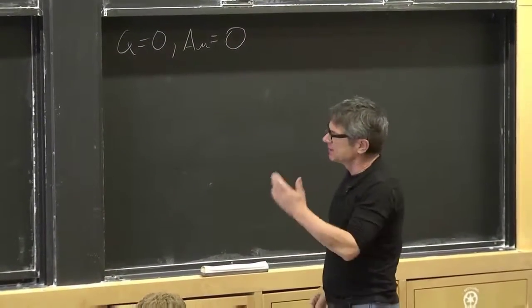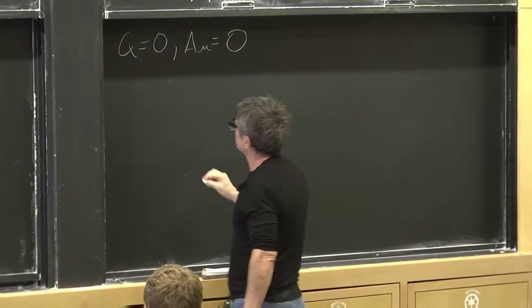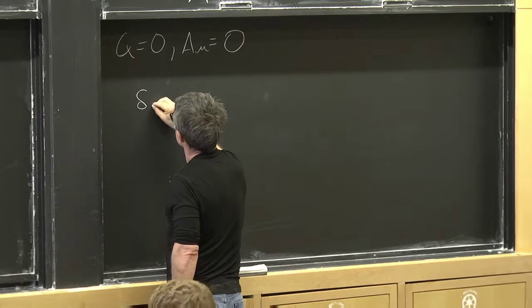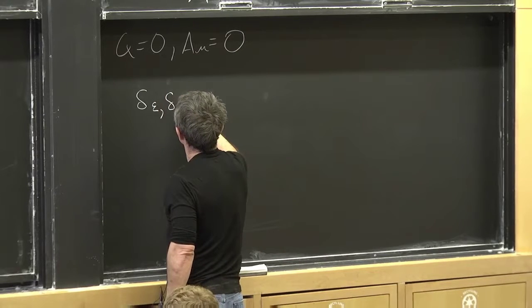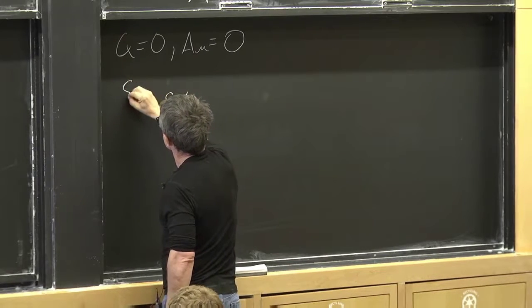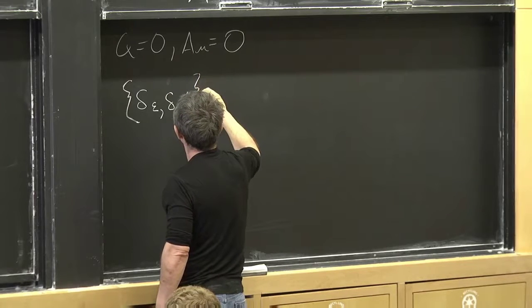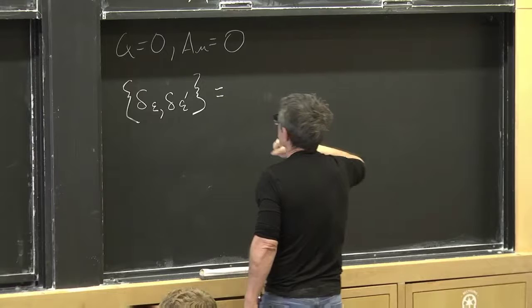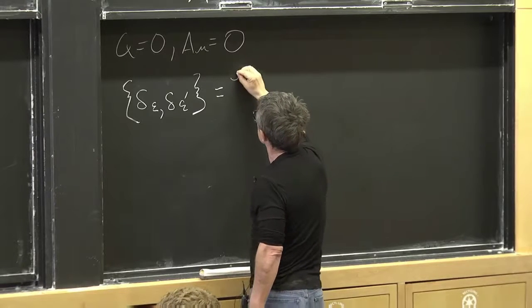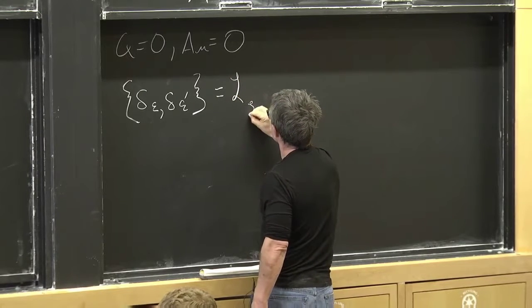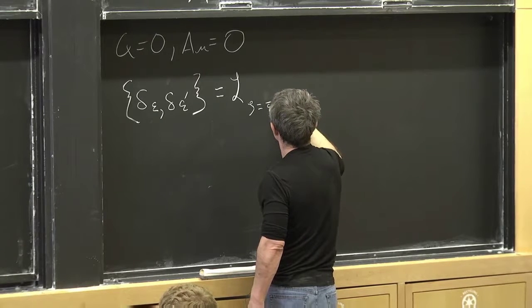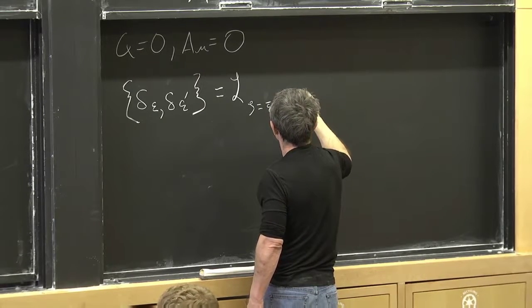Then we can effectively ignore that term, and we have the anti-commutator of delta epsilon and delta epsilon prime is equal to the Lie derivative of zeta, where zeta is epsilon bar gamma mu epsilon prime.